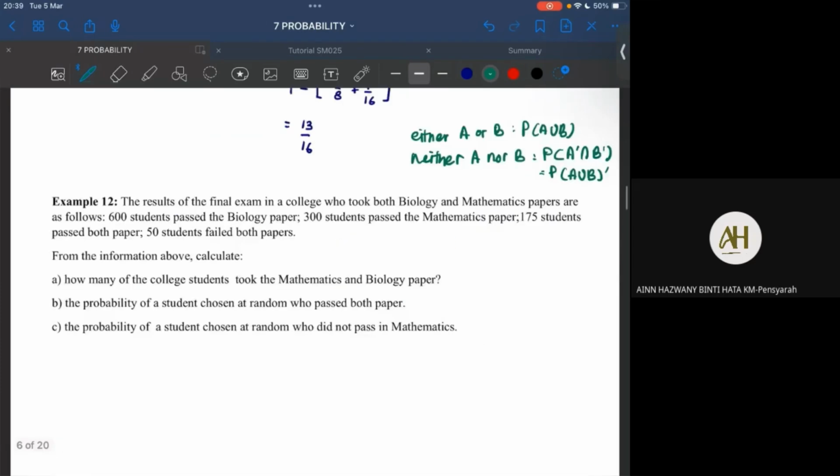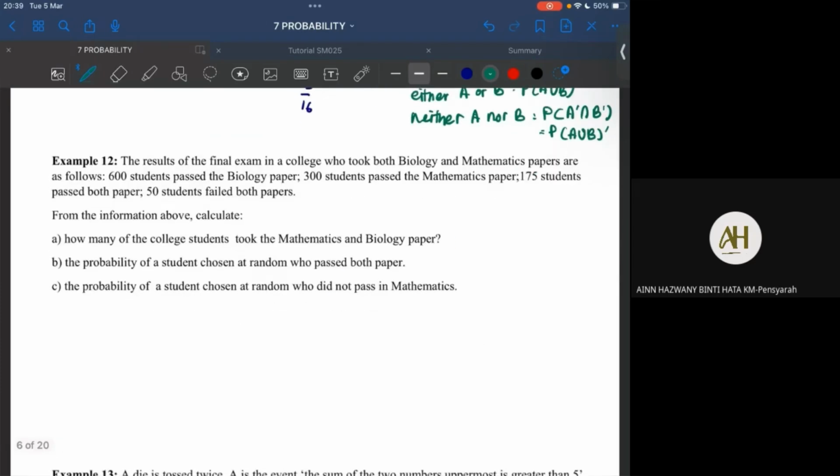Okay, let's go straight to example 12. The results of the final exam in a college who took both biology and mathematics papers are as follows. 600 students, 300 students, 175. So ada biology and mathematics punya paper sahaja. So dia bagi kita nombor ataupun number of students dekat situ. So cara paling mudah untuk kita representkan data-data kita ini ialah by using Venn diagram.